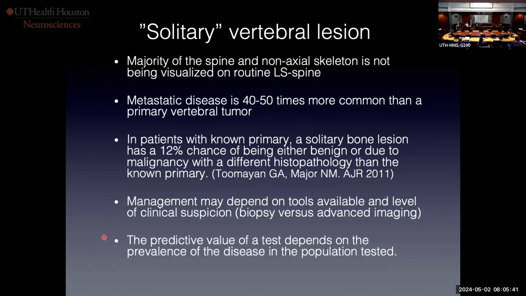And that gets back to the predictive value of a test depends on the prevalence of the disease in the population. So if you've got a general population, your degree of suspicion and how likely these tests that I'm going to show you are to be correct depends on the population.